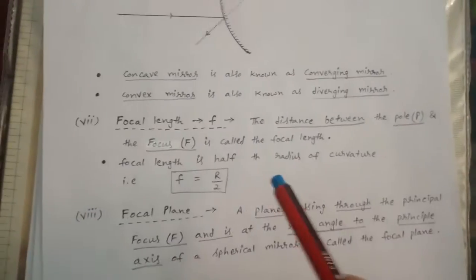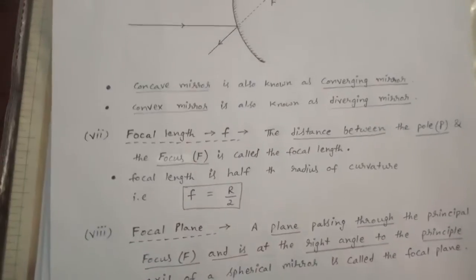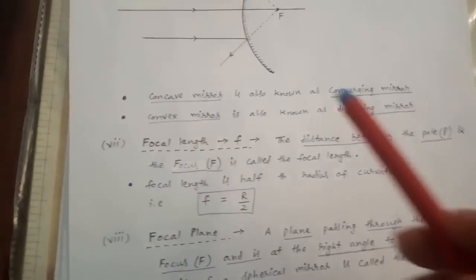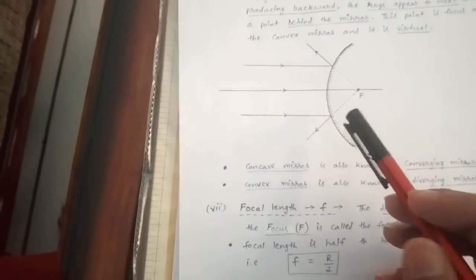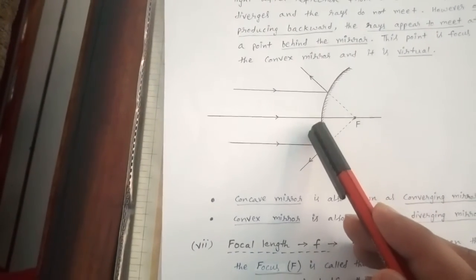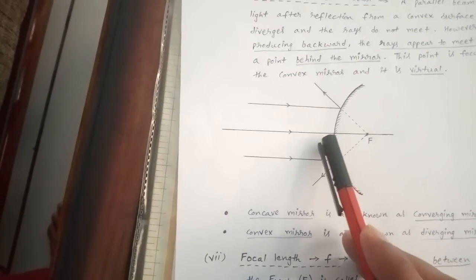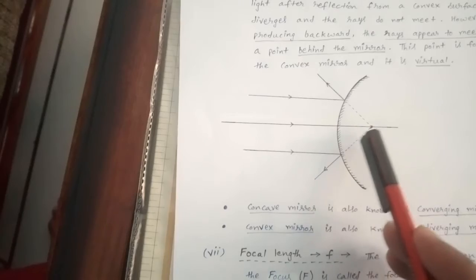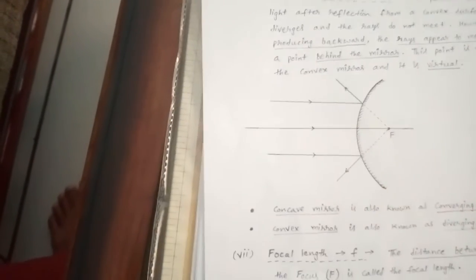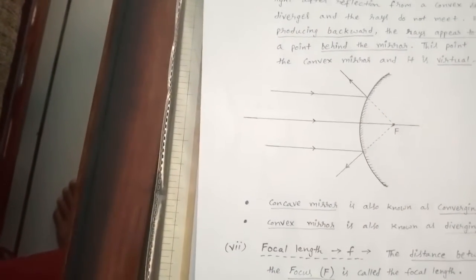Next thing is the focal length, students. Focal length is nothing but the distance between the pole of the mirror, which is at the center point of the mirror, to the focus. That distance is known as the focal length.